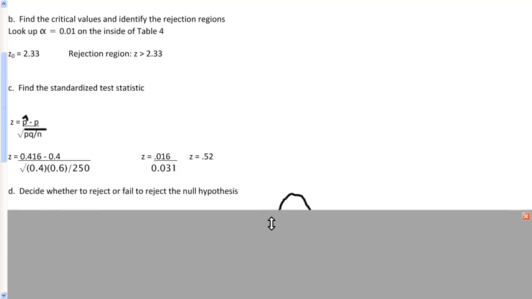Remember, you have to find q by saying 1 minus 0.4 gives you 0.6. So when I work this out, I'm going to get z is equal to 0.52.